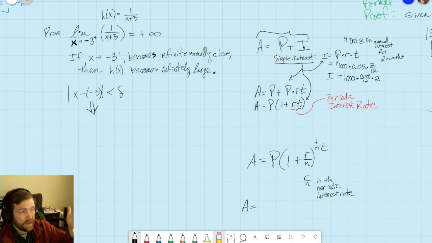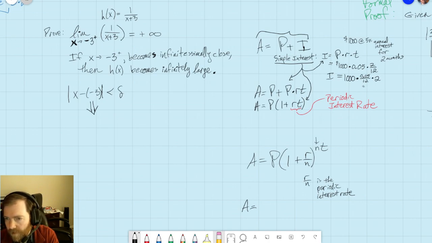We say again that this is going to be 0.05 divided by 12, times 2, which gets us the amount that's going to be charged over this small period. 0.05 over 12 times 2 is also divided by 6, which is 0.0083333 with repeating 3's.